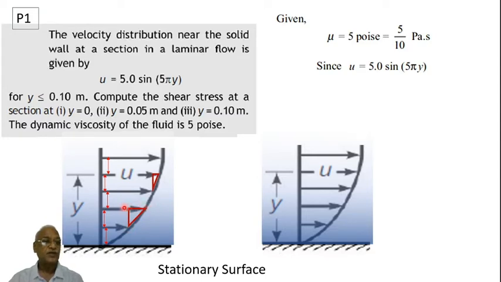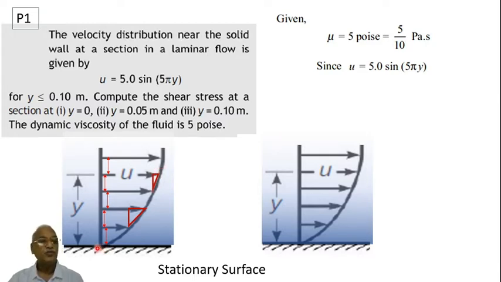So this is du and this is dy. So du by dy, if you look at, this is quite larger compared to over here, because here I have kept dy the same, but the change in velocity is quite less.